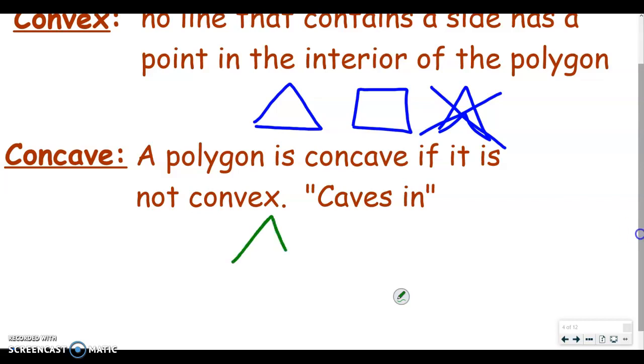So, like that other image I drew, it caves in, it's got a point on the interior. That would be a concave polygon. So concave has a point or a vertex in the interior.